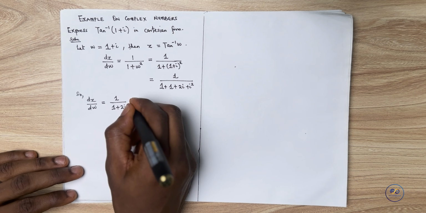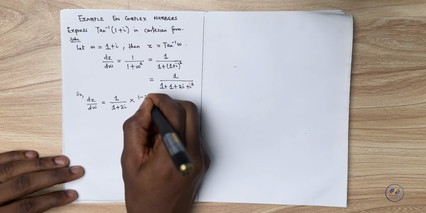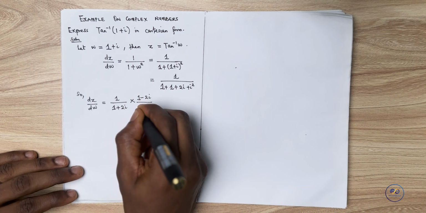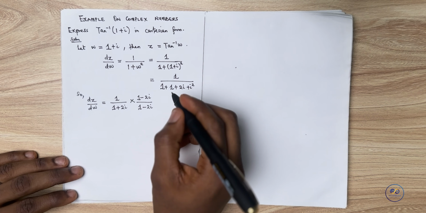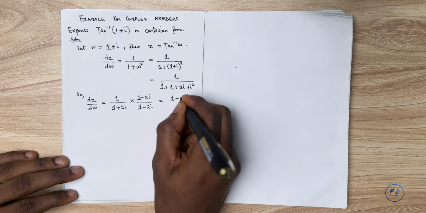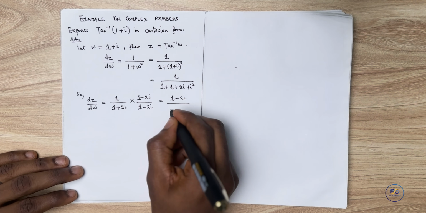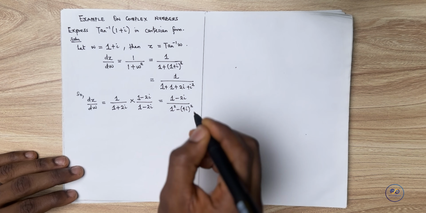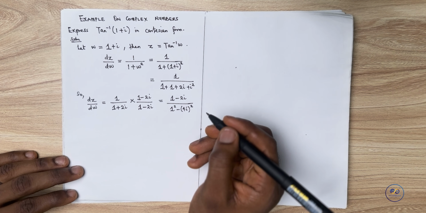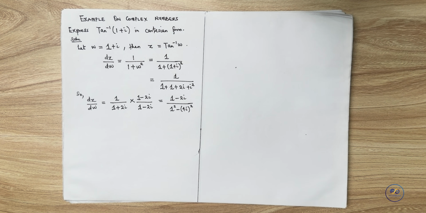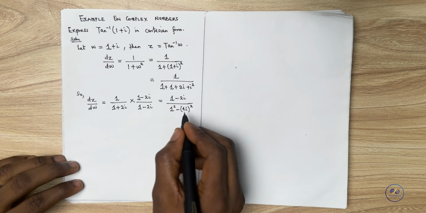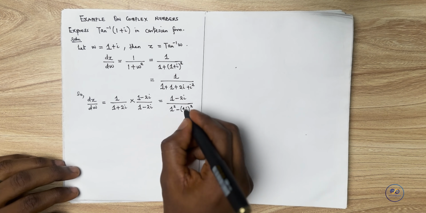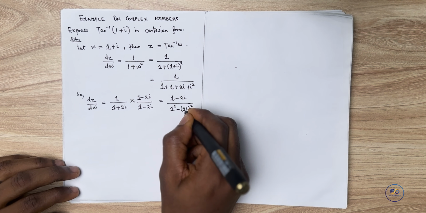Now, we can rationalize this function by multiplying by 1 minus 2I. The result of this would be 1 minus 2I on top, divided by 1 squared minus (2I) all squared. Now, remember, this is how rationalization works: A plus B multiplied by A minus B will give you A squared minus B squared. So of course, this will be 2I all squared.